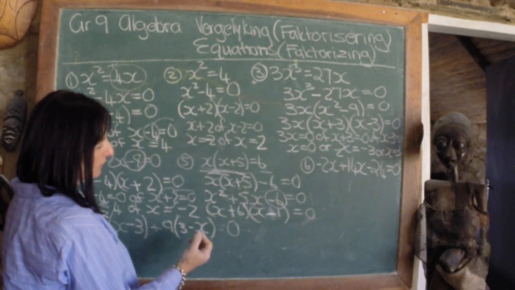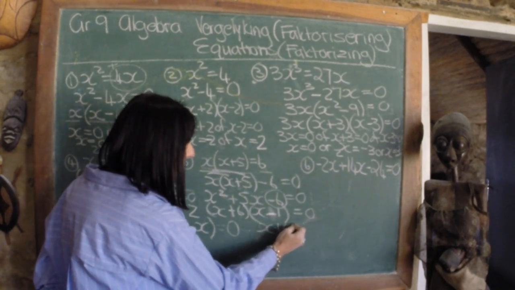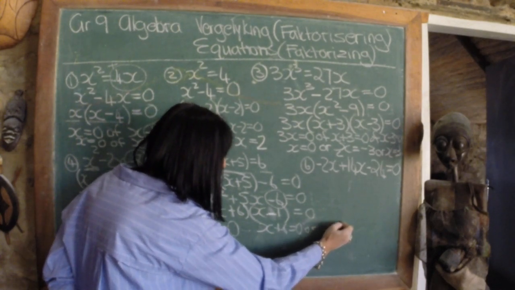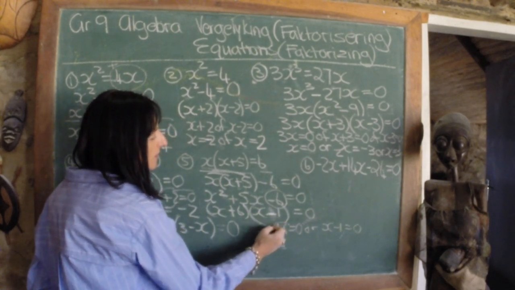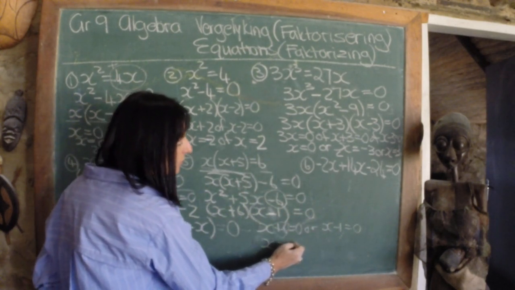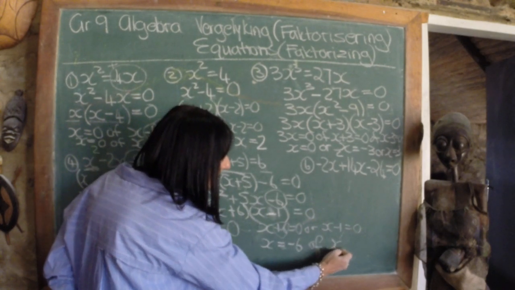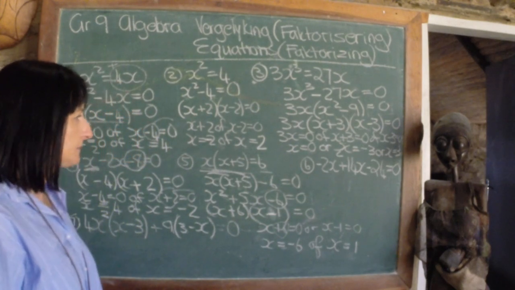So is weer by die 0 factor wet wat sê, either this bracket must equal 0 or that bracket must equal 0. So x is gelyk aan, vat plus 6 oor die is gelyk aan, dan word hy min 6. Of, vat vir min 1 oor die is gelyk aan, dan word hy plus 1.